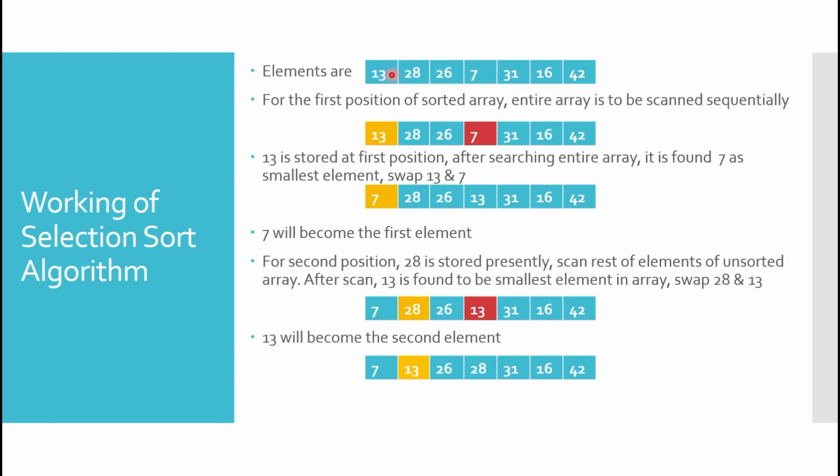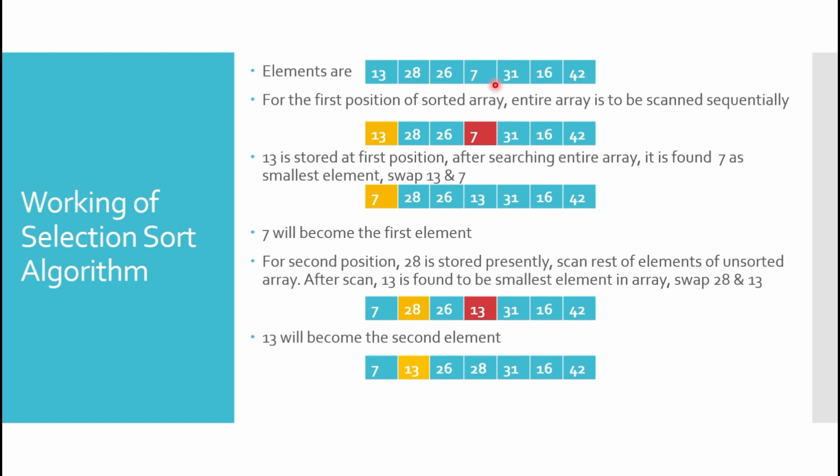Whenever a smaller number than the first element occurs, I am going to swap both the elements. So I am comparing 13 with all other elements: 28, 26, 7, 31, 16 and 42.